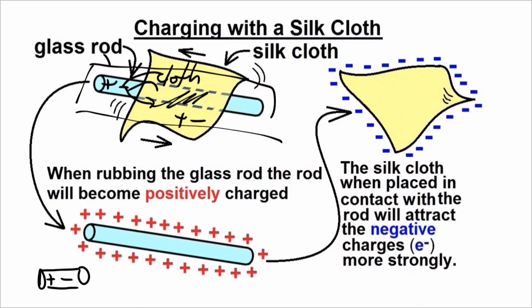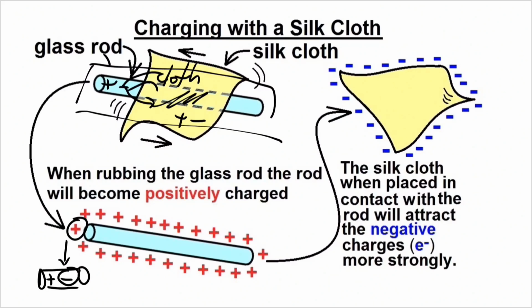Because the glass rod has a greater amount of positive charge, the can will be attracted to the negative charges. That is why you may be able to push it with the glass rod without touching it, and so on.